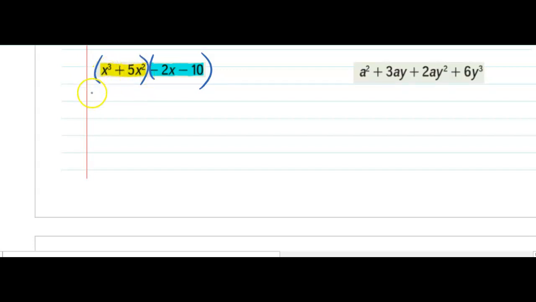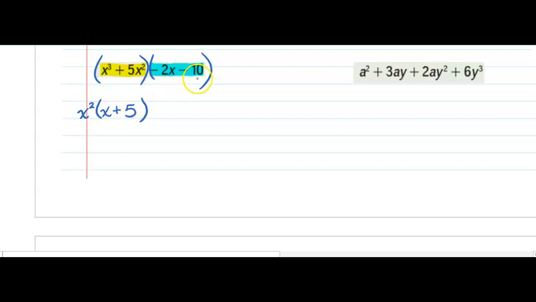They both have 2 x's, so I'm going to pull out an x squared and write what's left behind. You can just ignore this part over here right now. We're not even looking at the blue parentheses, we're just looking at the yellow. X squared times x is x cubed. X squared times 5 is 5x squared.